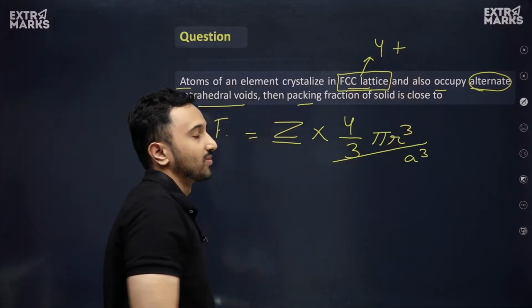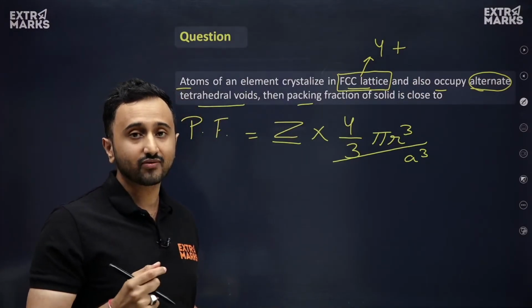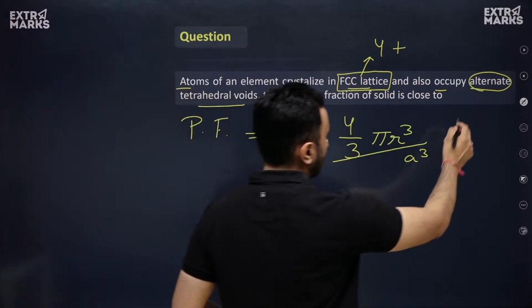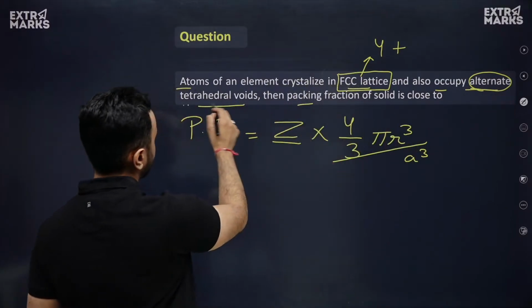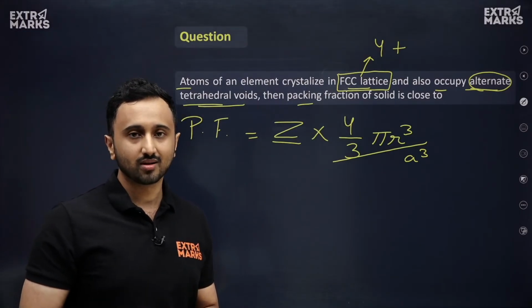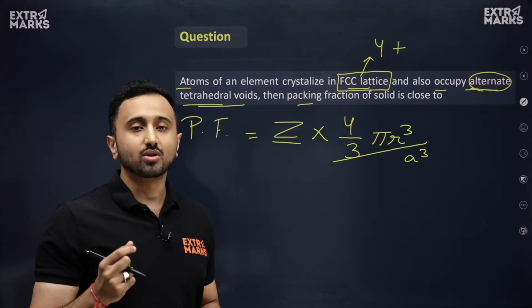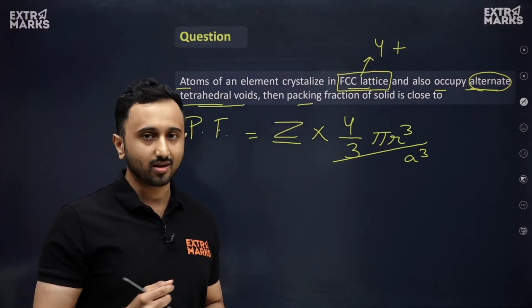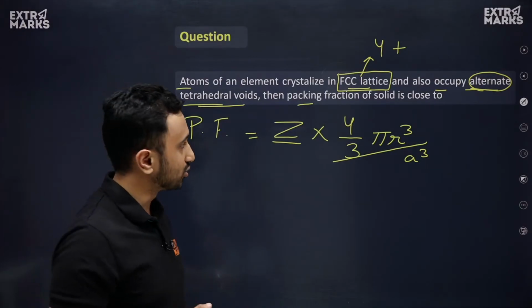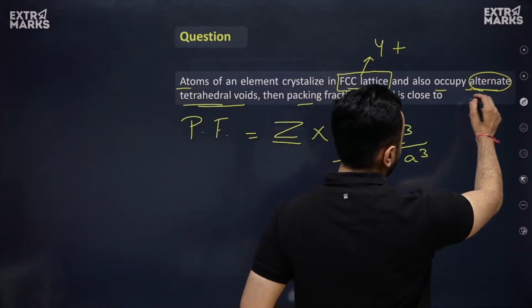Now the question also says we have some extra atoms, right? They occupy alternate tetrahedral voids. Now how many tetrahedral voids are there in FCC? Total number of tetrahedral voids are 8. But in those 8 tetrahedral voids, we should use only alternate tetrahedral voids.